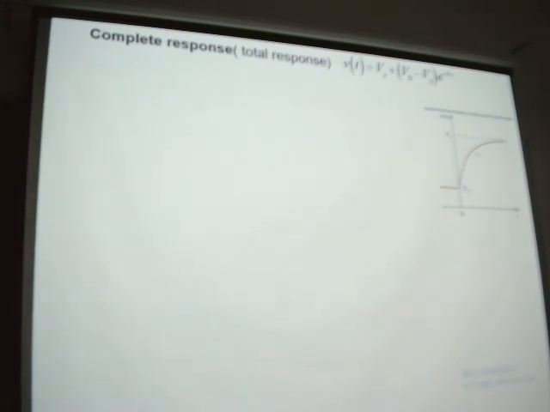The figure should be like this, because before t equals 0, it will be Vs. And after t equals 0, we still have V0, but we put another Vs inside.